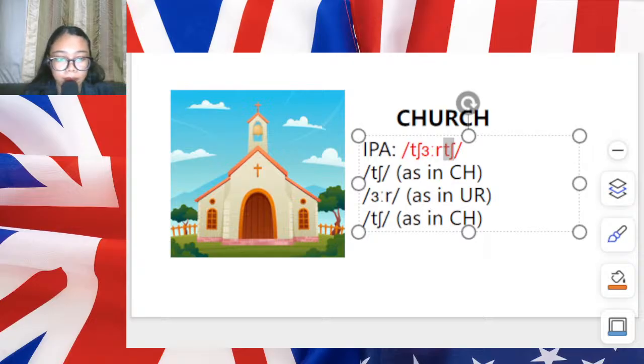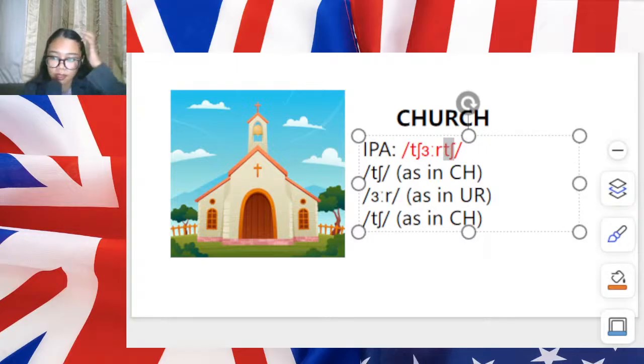Okay, your turn now. Try saying church aloud. Focus on making each of these three distinct sounds. Pay special attention to getting that ch sound clear at both ends and the central sound. Practice it a few times, plenty of times.